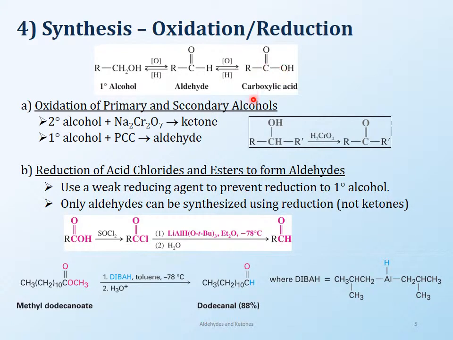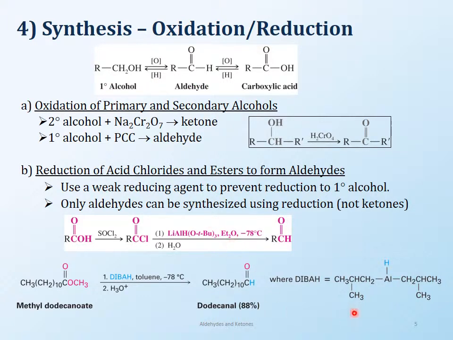Usually the acid has to be converted into the acyl chloride or the ester before you can actually reduce it. So this is an added extra step. We will do this again when we get to the acid chapter, but it's a little bit of a preview for you. I use a weak reducing agent so that you don't go all the way to the primary alcohol.